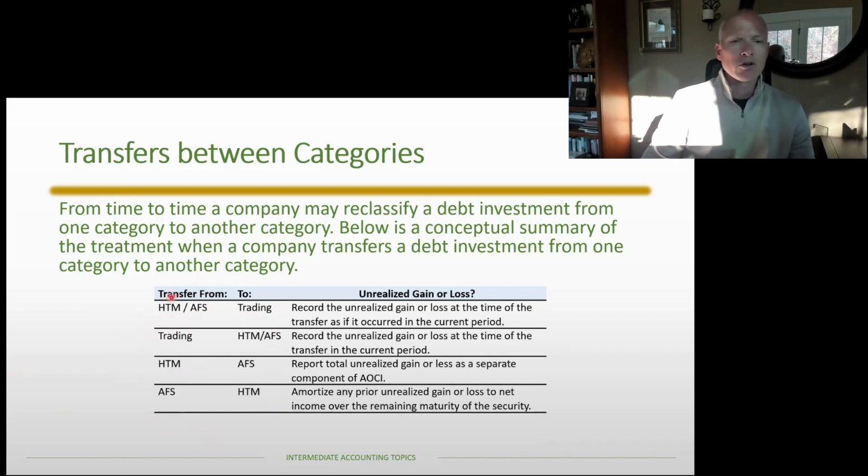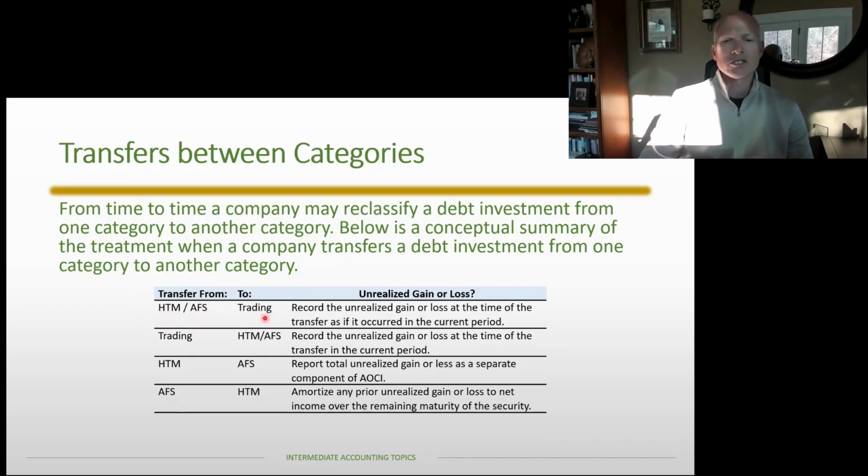So if you go from held to maturity or available for sale, either one of them, if you change it into a trading security, what you're going to do is you're going to record a gain or loss at the time of the transfer, as if it occurred in the current period. So basically what you do is you record, it's almost like a gain on sale. So whatever the carrying value is relative to the fair value, you're going to record that gain or loss.